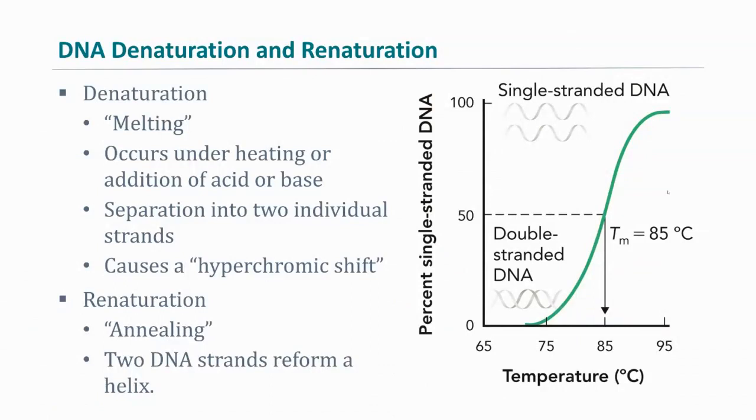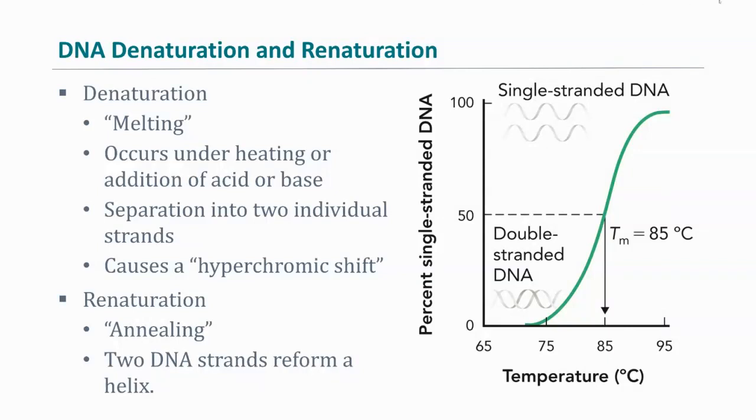And so the double helix DNA, basically they form this double helix through those complementary base pairings. That's the hydrogen bonds, the 3 hydrogen bonds between G and C, 2 hydrogen bonds between A and T, and these hydrogen bonds can be broken so that the double-stranded DNA becomes single-stranded DNA.